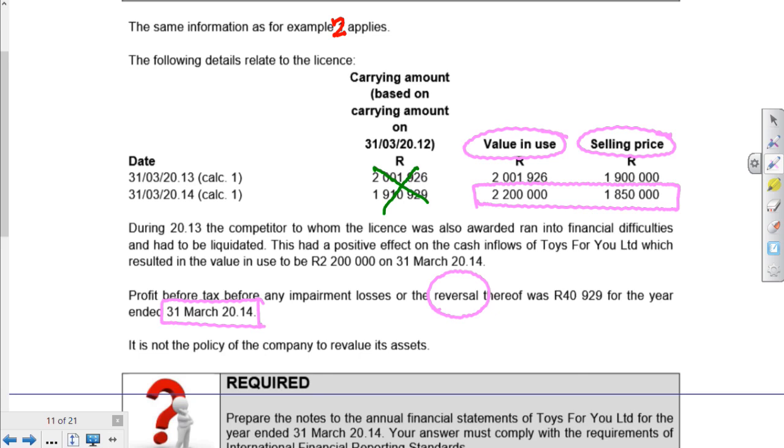So you need to have 2 columns. You need to have carrying amount, no impairment, and carrying amount, impairment. And you need to trace those numbers through to the end of the year. So you can start both of those with beginning of year.